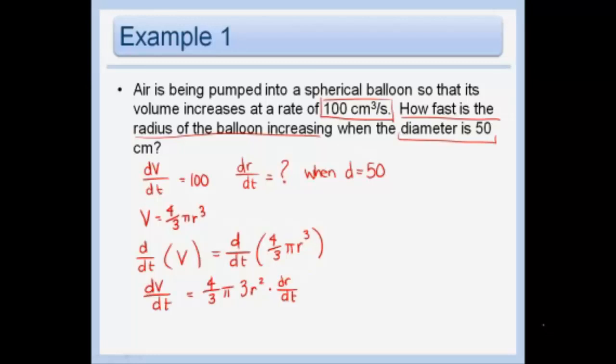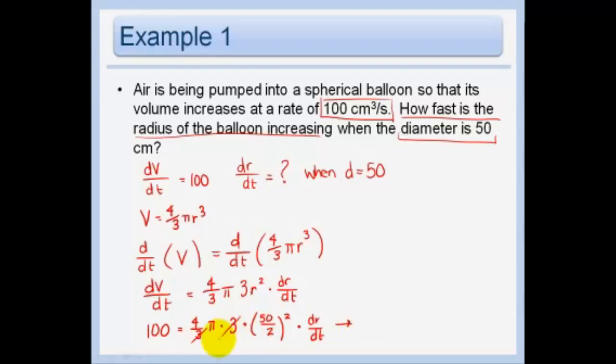Now we just plug in the information that we had in the original equation. So we had 100 equals 4/3 pi times 3 times r, and our radius was 50 over 2, squared, times dr dt. So we're trying to solve for dr dt.